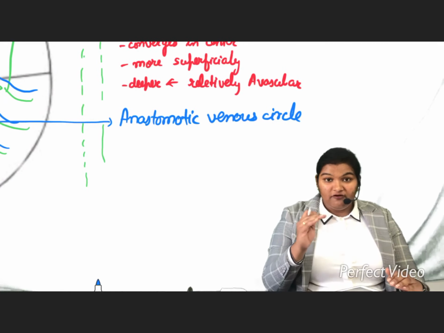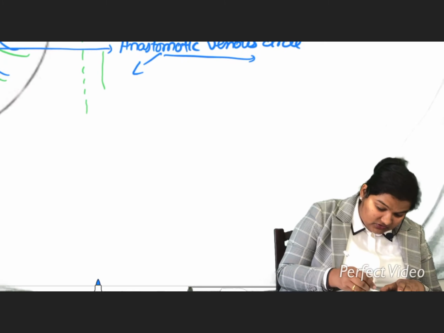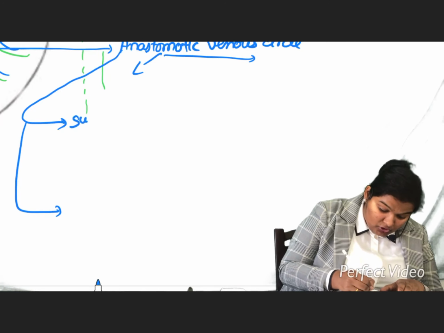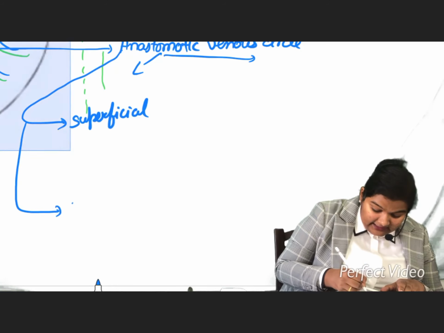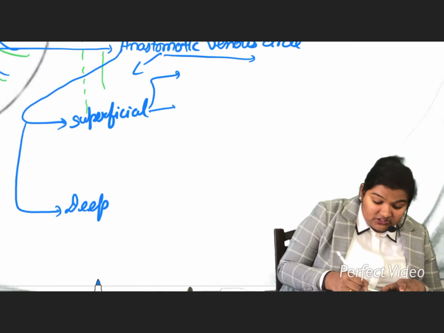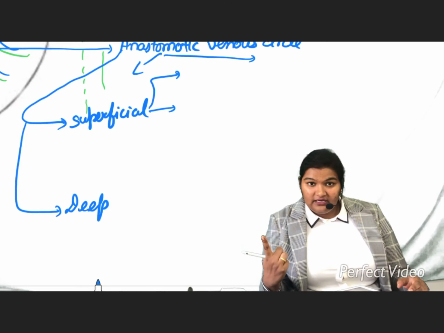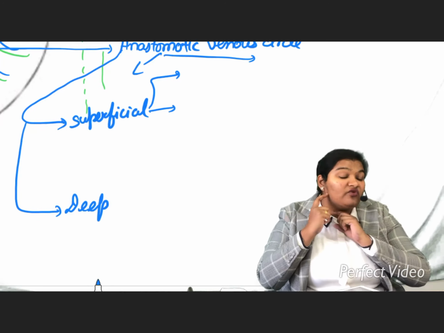Now this anastomotic venous circle drains superficial and deep structures. So we have here two things. I will write it down over here. Okay, so we have two: superficial and deep. This superficial structure is drained into two veins: internal thoracic vein and the superficial veins of the lower part of the neck.